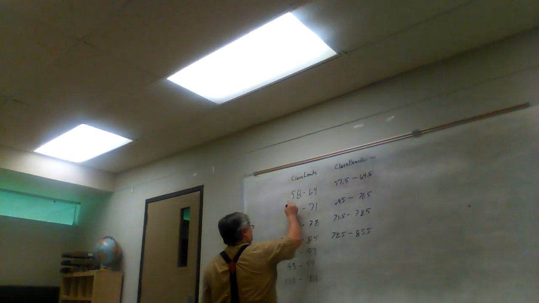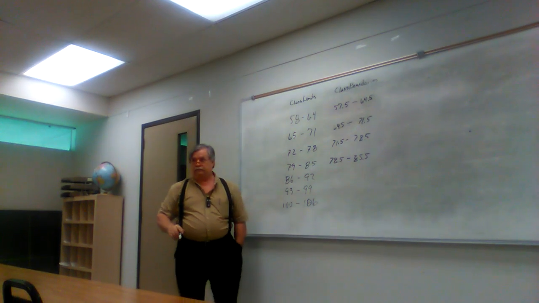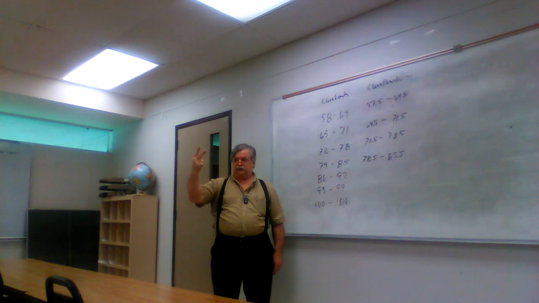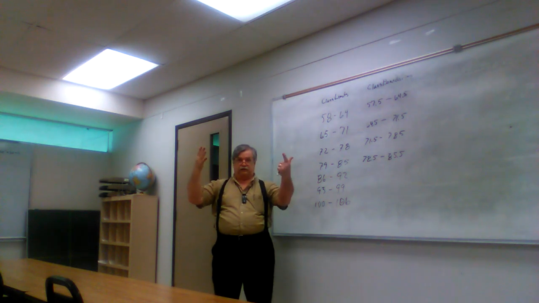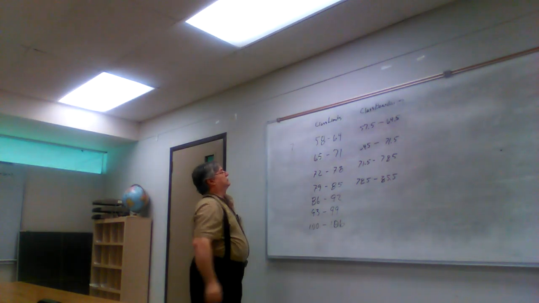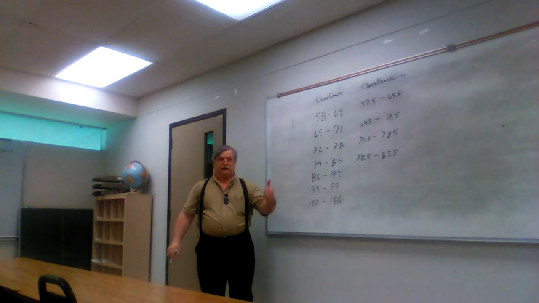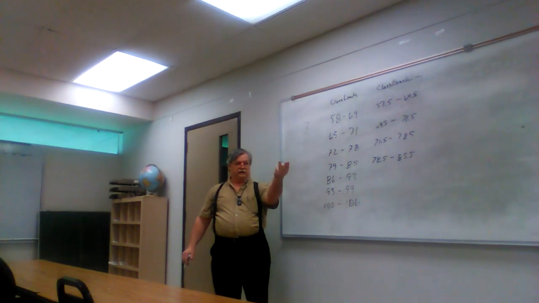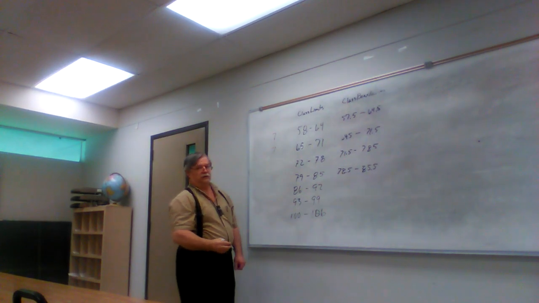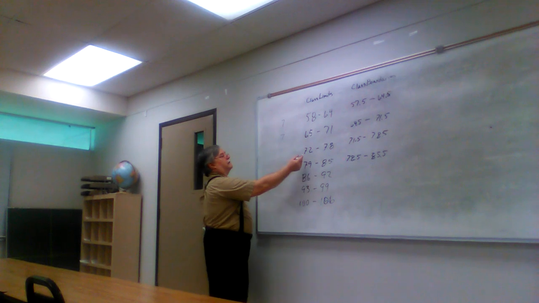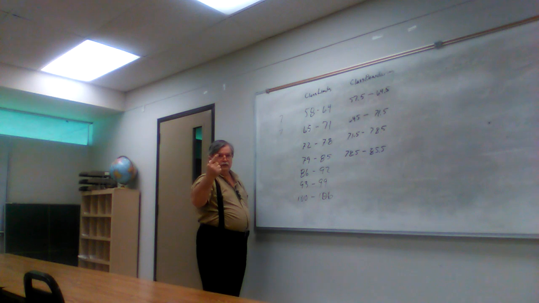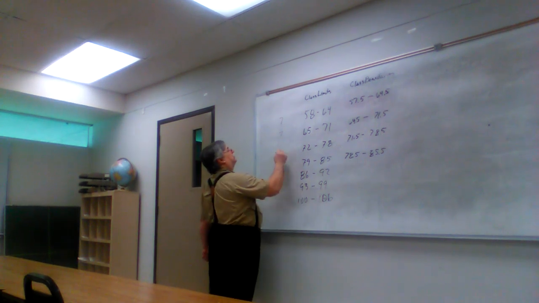What's the width of this class here, 58 to 64? We'll just count it. 58, 59, 60, 61, 62, 63, 64. 7. What's 65 to 71? 65, 66, 67, 68, 69, 70, 71. 7 again. What's this one? 72 to 78. 72, 73, 74, 75, 76, 77, 78. Still 7.